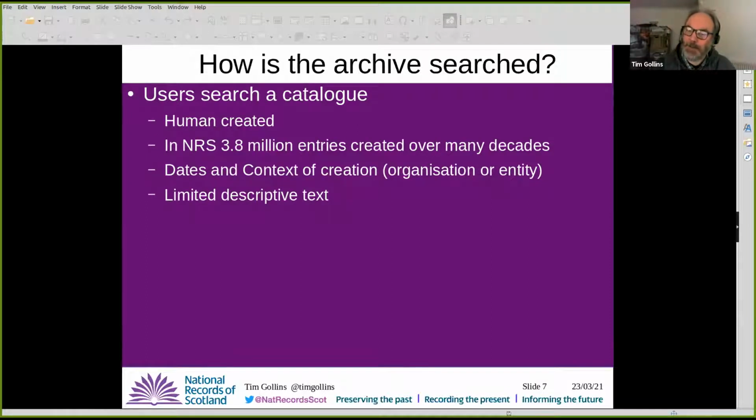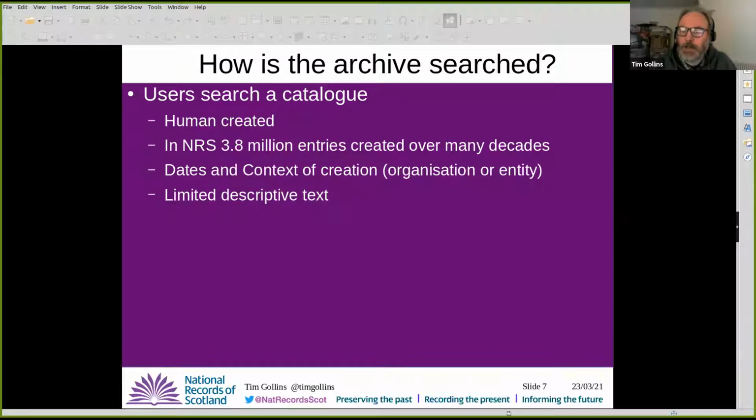And here we get to an interesting problem, because the document representative in the old information retrieval models of the 1970s and 80s is actually very weak in archival catalogues. The actual document is sitting on the shelves. It might be a medieval charter or some court records from the 1700s, the infamous case of Burke and Hare, say, the trial papers of said individuals.